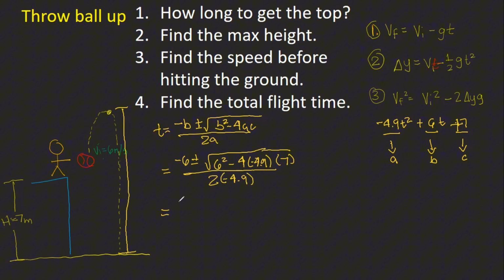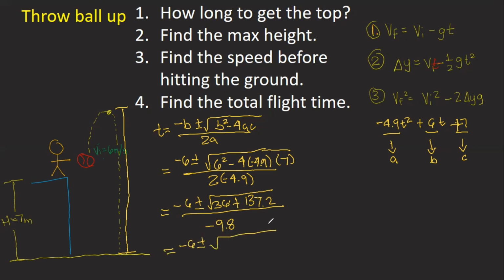So we have here negative 6 plus or minus the square root of 36, and 4 times 4.9 times 7, you have positive 137.2, over negative 9.8. We have now negative 6 plus or minus the square root of 173.2.